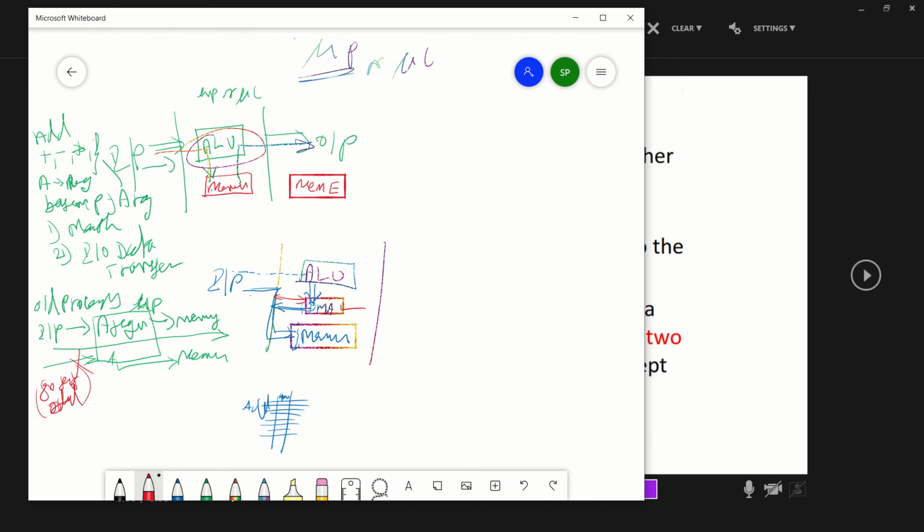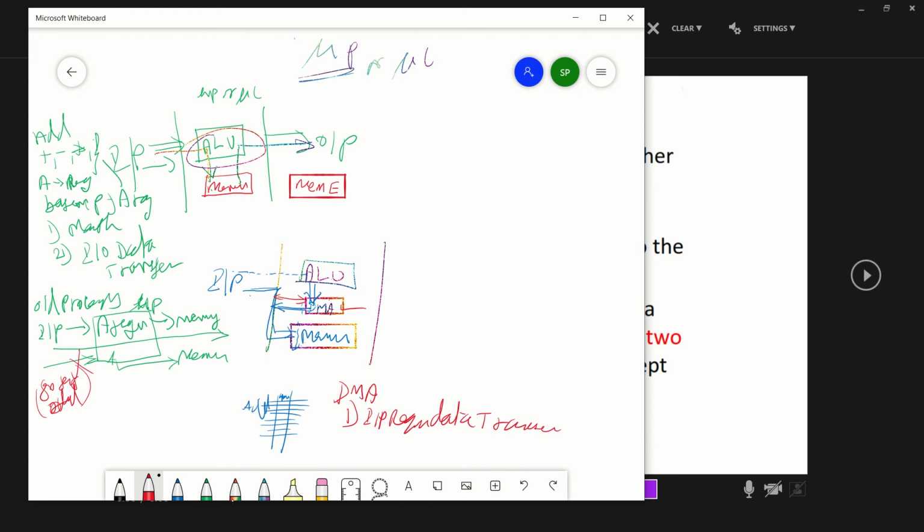Before starting this, whenever the input request is coming, next is the operation of the DMA. Step 1, the input request for data transfer.